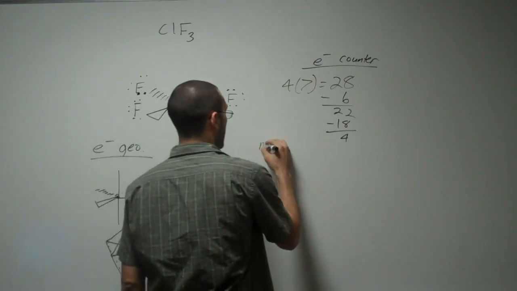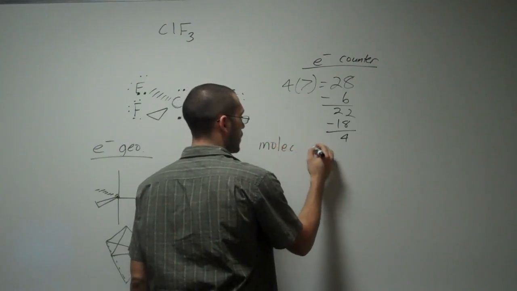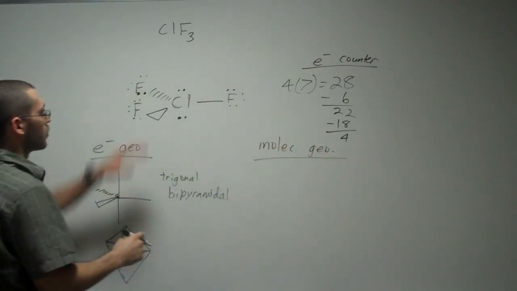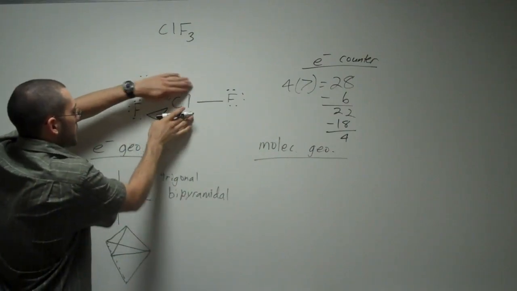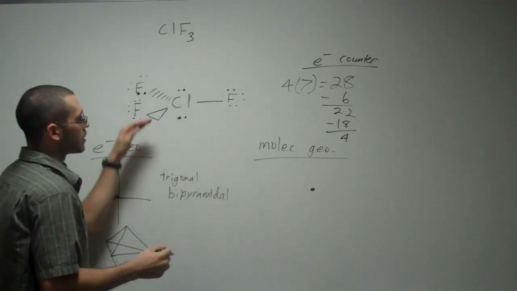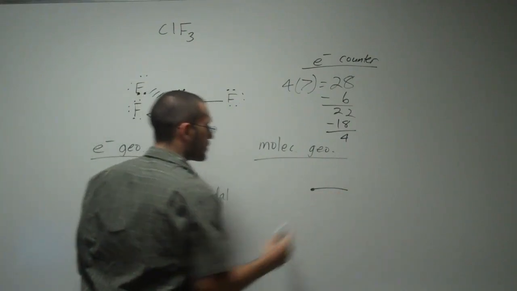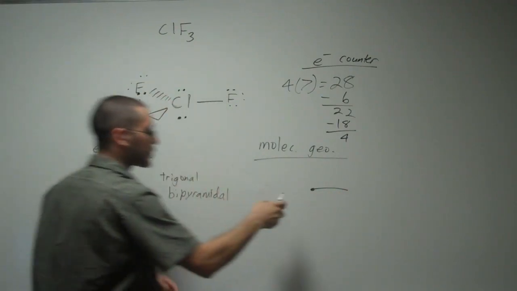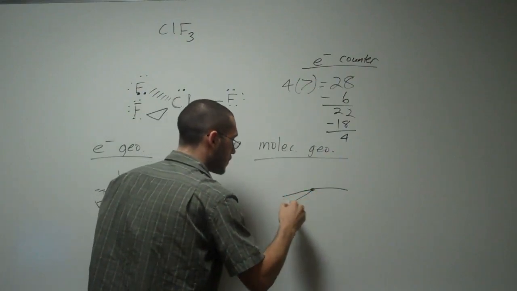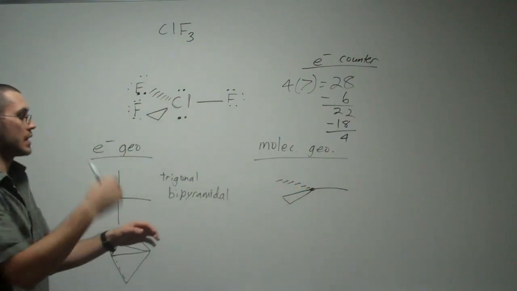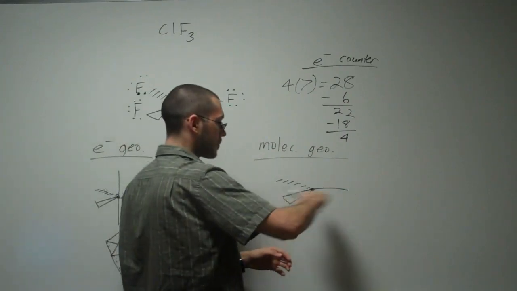What would the molecular geometry look like? The molecular geometry would ignore the electrons. So then we just have the central chlorine connected to the right fluorine, connected to this fluorine sticking out towards me, and then the fluorine that's into the board, all in a plane.